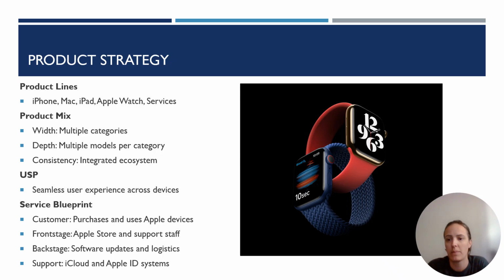Apple's unique selling proposition is its ability to deliver a seamless user experience across devices. The service blueprint shows how the experience is supported by both visual interactions, such as retail stores, and behind-the-scenes processes like software updates and cloud services.